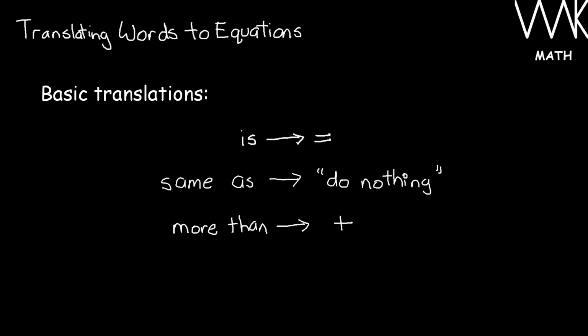Example, 4 more than, so it's plus 4. Whenever you see less than, it means minus. For example, 3 less than means minus 3. Finally, whenever you see times, it literally means times. So 3 times, so 3 times something. So that's page number 1.